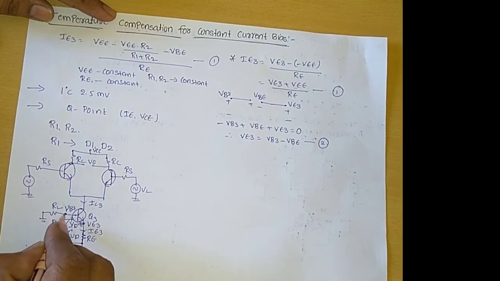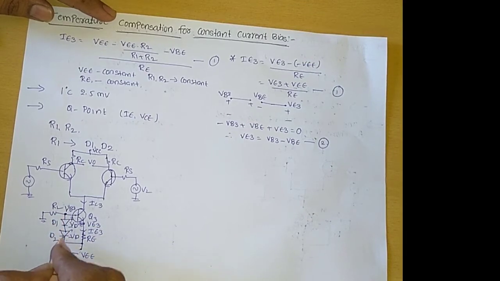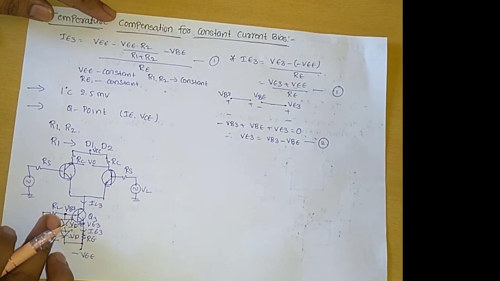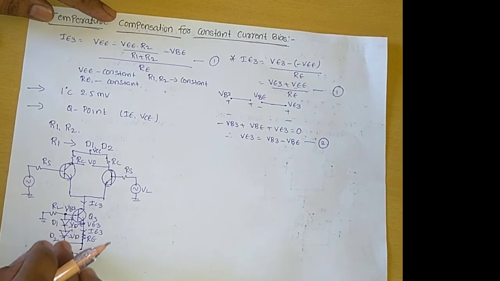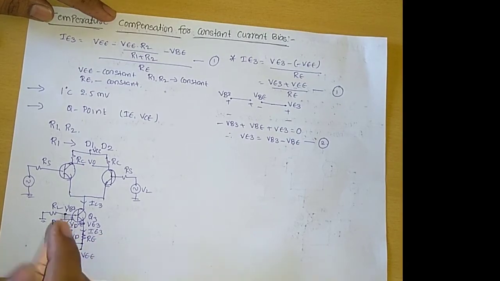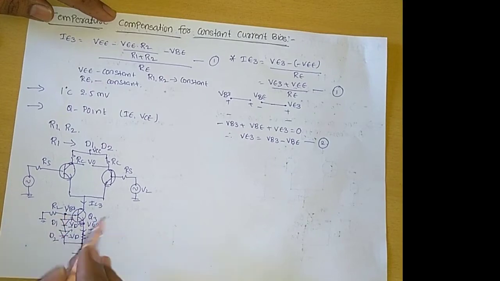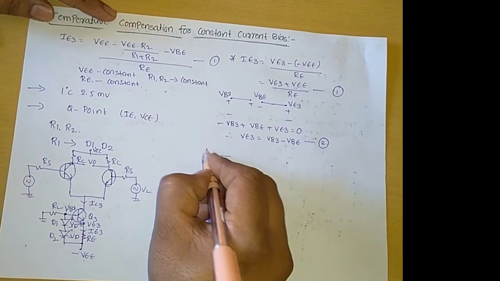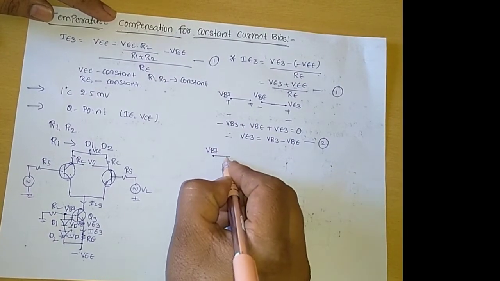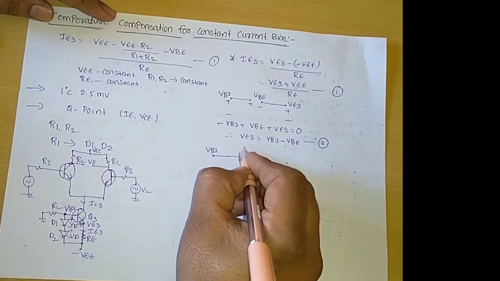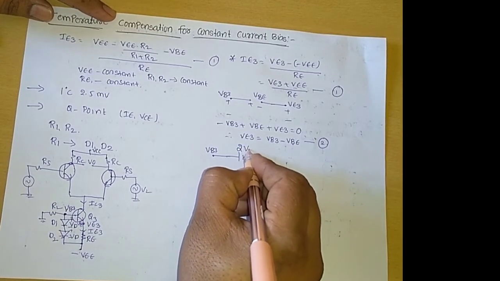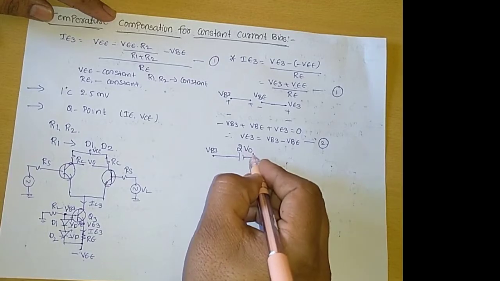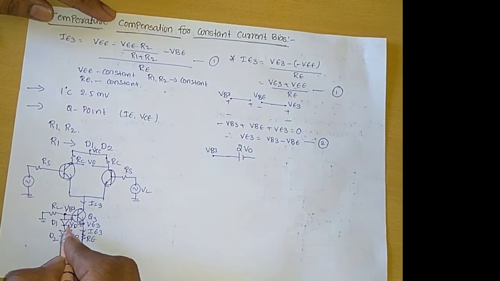With respect to these two diodes, the overall voltage drop across this branch is 2VD. At this end we have the base voltage VB3, and at the other end we have the voltage VEE. We mention the voltage 2 into VD because each diode offers a voltage drop of VD.